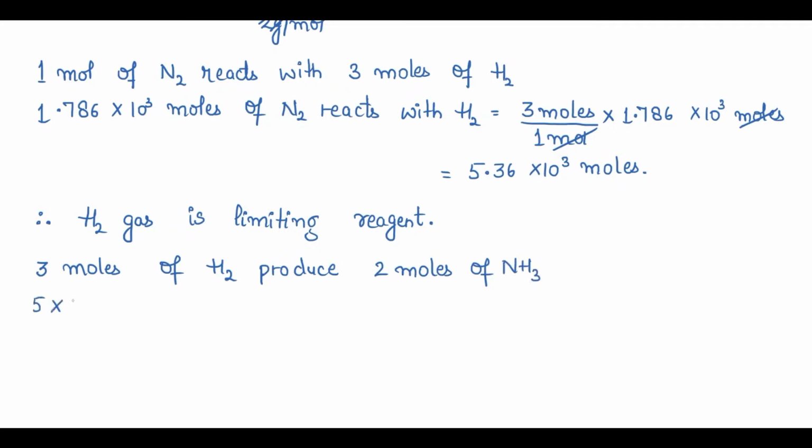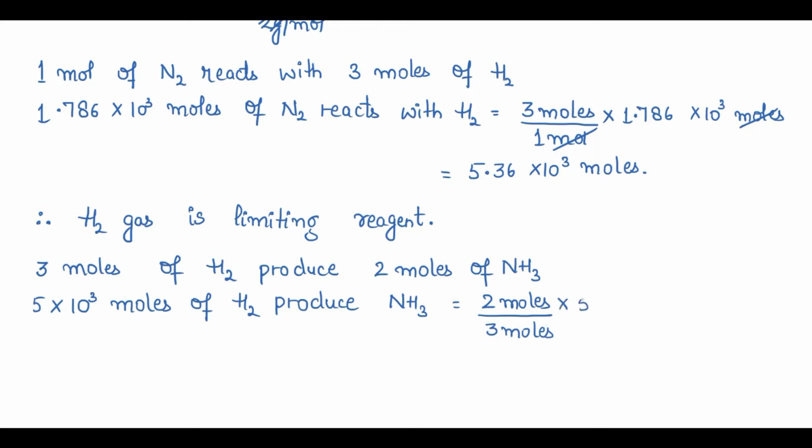Now 5 into 10 raised to power 3 moles of H2 produce ammonia equal to, again unitary method, 2 moles by 3 moles into 5 into 10 raised to power 3 moles.